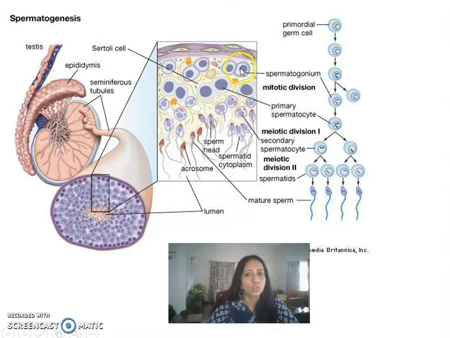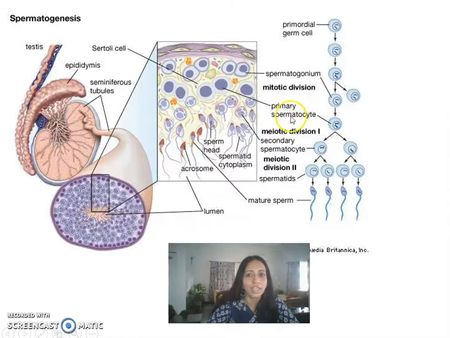As a result, these 2n cells still remain 2n. The spermatogonia are diploid, and even the primary spermatocytes are diploid. After this, the primary spermatocytes undergo reduction division, that is meiosis. You already know that meiosis has two parts, meiosis 1 and meiosis 2.